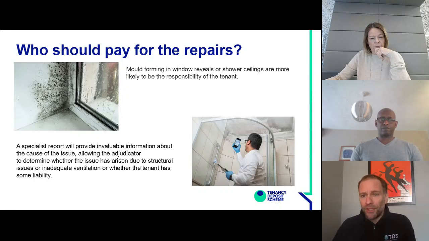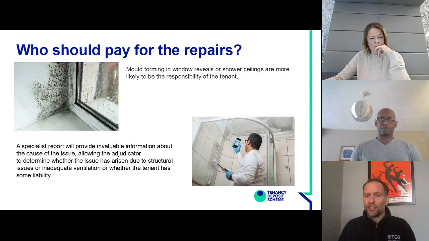And that might be the cause. It seems likely that that might be the cause. Condensation and mold is just as likely to be caused by one of those issues as it is the tenant's failure to adequately heat and ventilate the property in breach of the tenancy agreement. And the adjudicator's got to make that determination. They're being invited to try and resolve this issue. So we often need a little bit more.